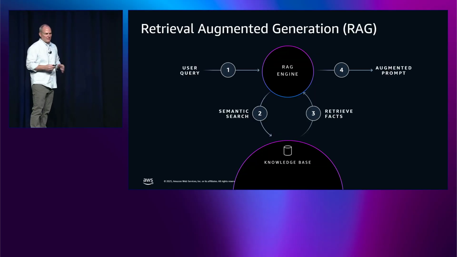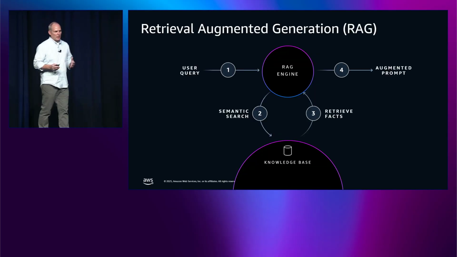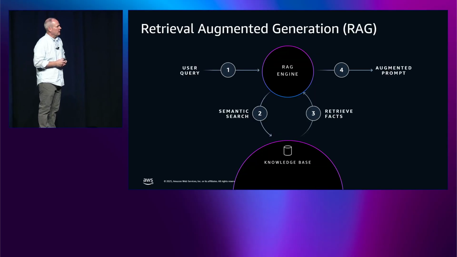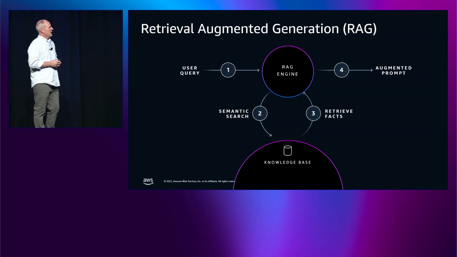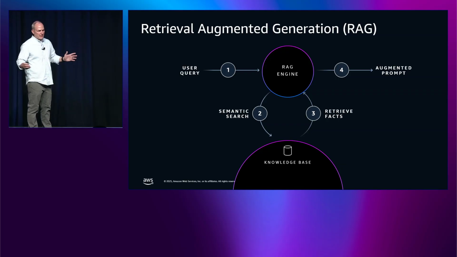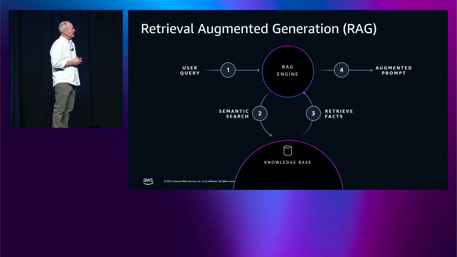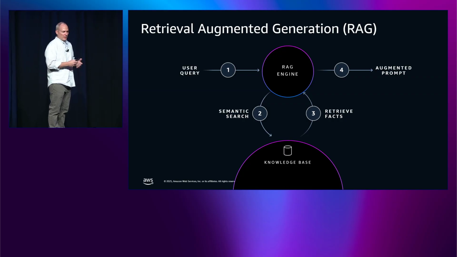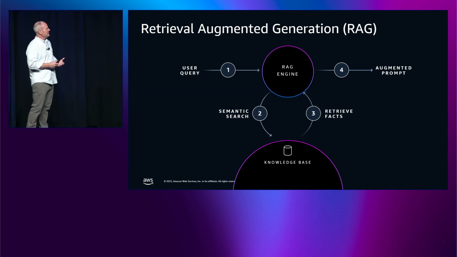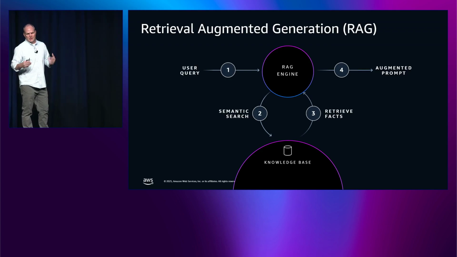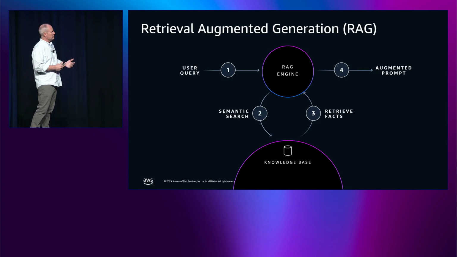All right, so first, we're just going to level set. Many of you may be aware of what RAG, or Retrieval Augmented Generation, is. Just to walk through this for people who do not know, we're going to take a user query in, step one here. We're going to do a vector embedding of that query, ultimately to execute a semantic search against a knowledge base.